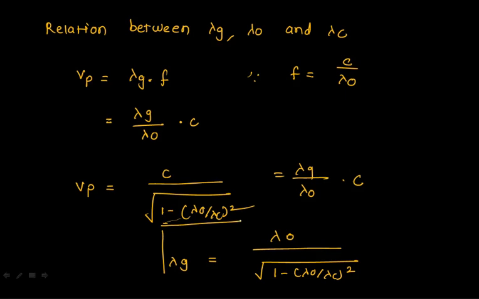Okay, if you don't want it in terms of lambda 0, if I know what is my lambda g and what is my lambda c, I can go for lambda 0. If I know lambda 0 and the other one, the guide wavelength, then I can calculate this. Okay, so this is the relationship. Lambda 0 is the free space wavelength and lambda c is nothing but the cutoff wavelength. So I think this is all about the parameters.